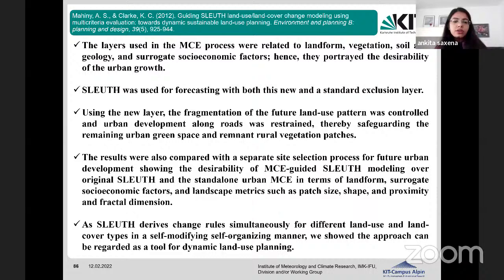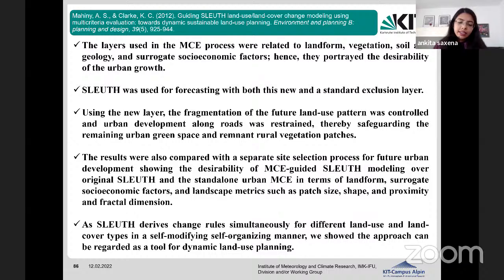So that can be incorporated with any weighted technique, maybe multi-criteria evaluation methods or TOPSIS based methods. It could be anything to produce suitable locations based on those variables.